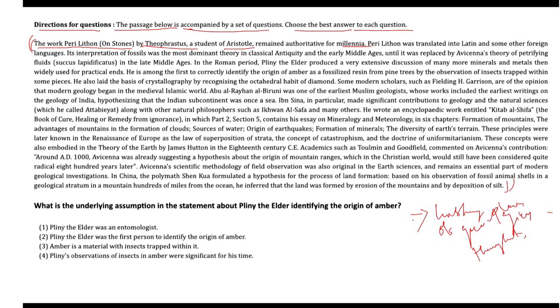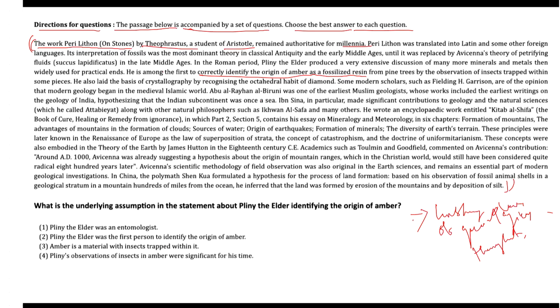Pliny the Elder in the Roman period made important contributions to mineralogy, and identified the origin of amber as fossilized resin.